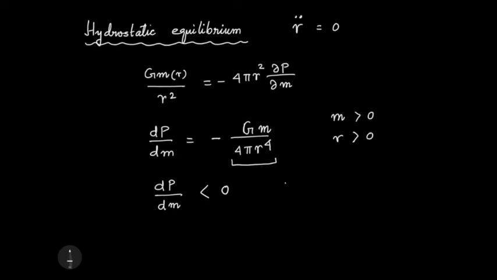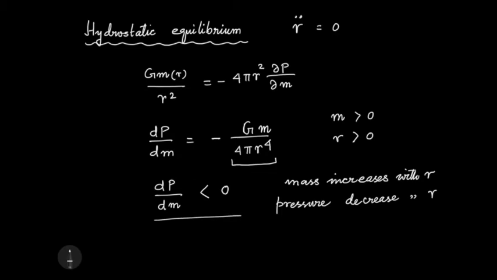What does it mean? You see, mass increases with radius, which means the pressure must decrease with radius because dP by dM is less than 0.